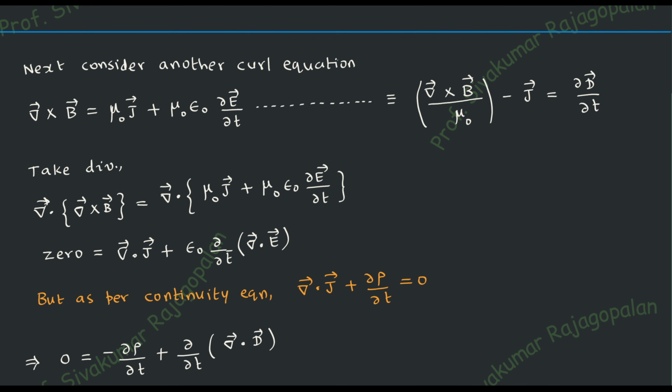And then once again, remember what is B by mu? B by mu is the H vector. So you are going to assume the constitutive relations for the linear dielectrics and the linear magnetic material. So epsilon naught into E will be equal to the displacement vector, and B by mu can be written down as the H vector. And that's all about it.